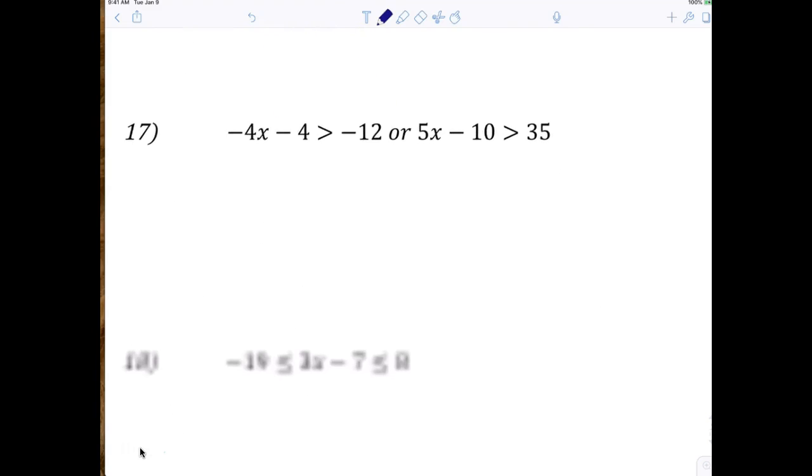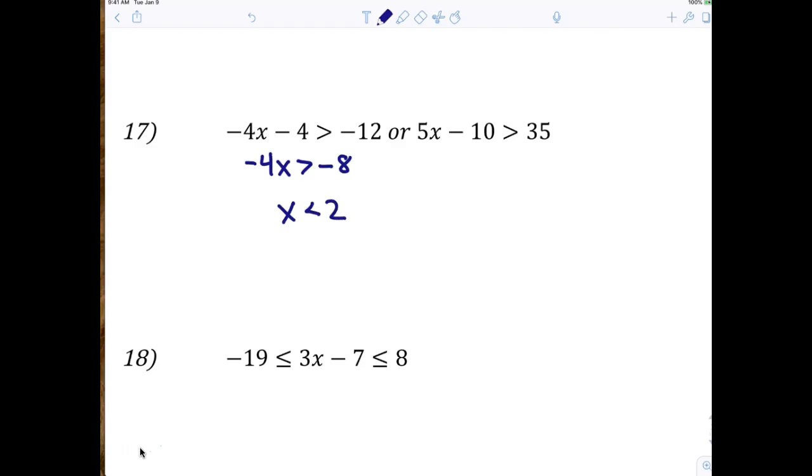All right, let's check out 17. Add 4. -4x is greater than -8. Agreed? And so now x is what? Less than 2. Don't forget, make yourself a note if you forgot. We divided by a negative, so you have to change the sign.